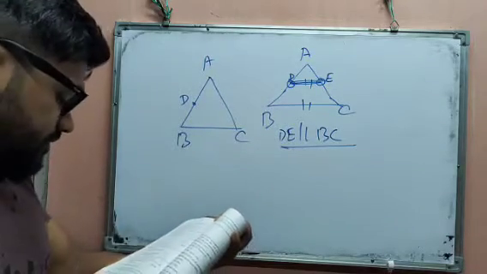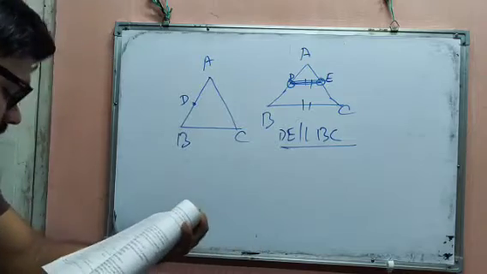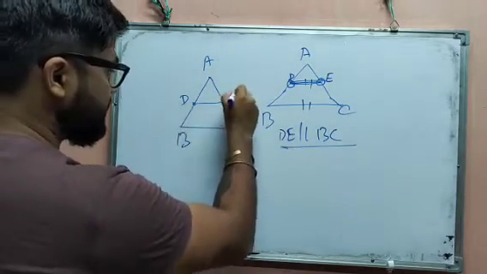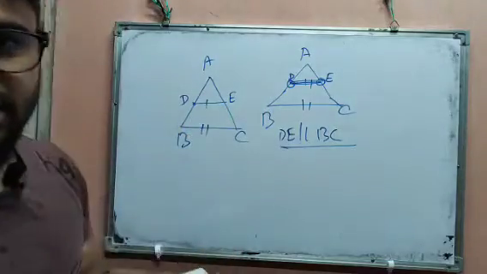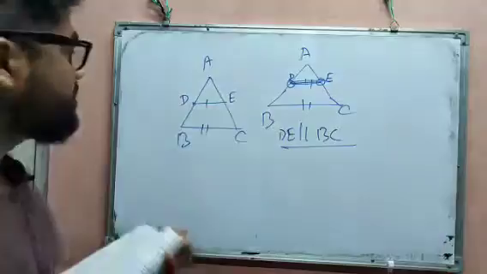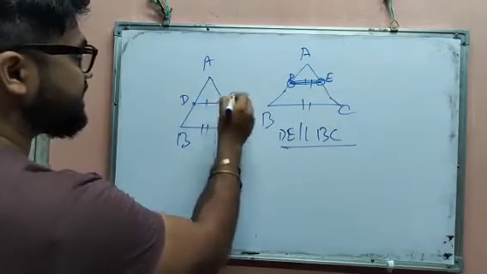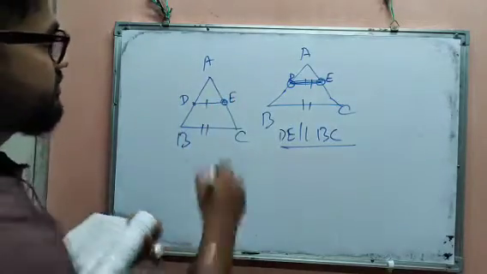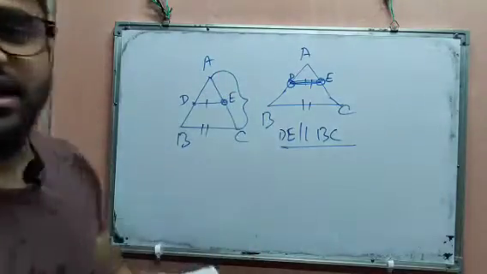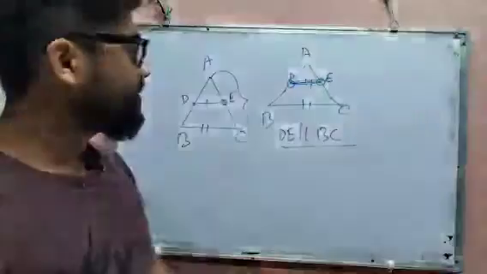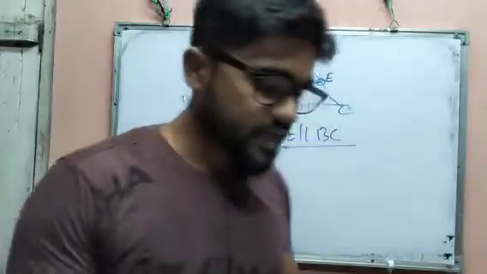Now if we draw a line DE parallel to BC, then E will be the midpoint of side AC. So this is the midpoint theorem.